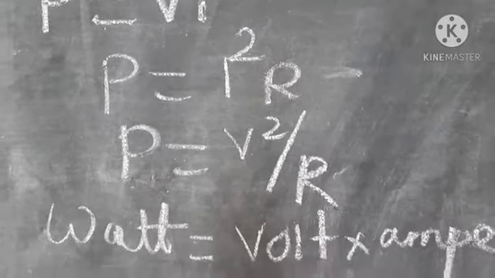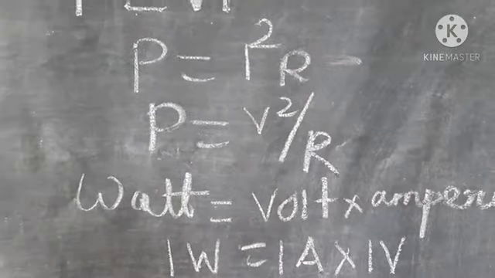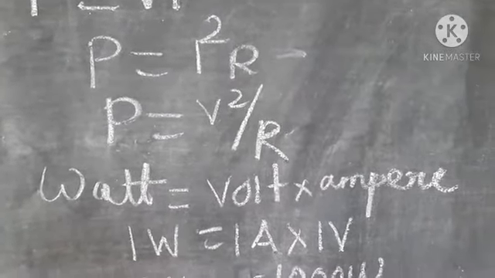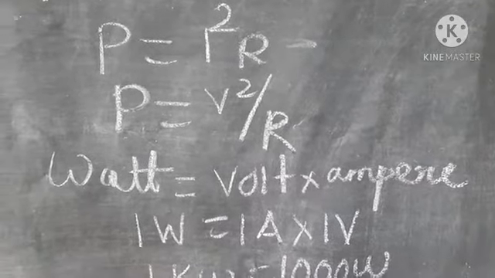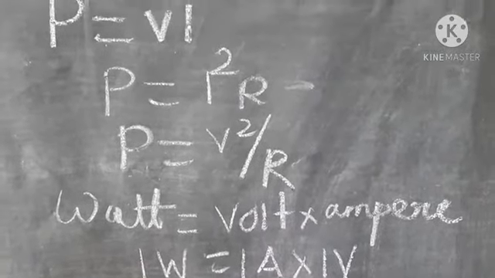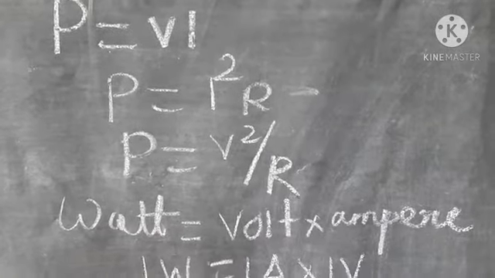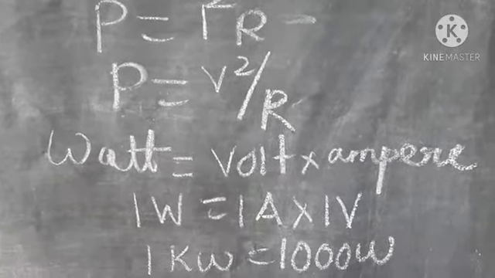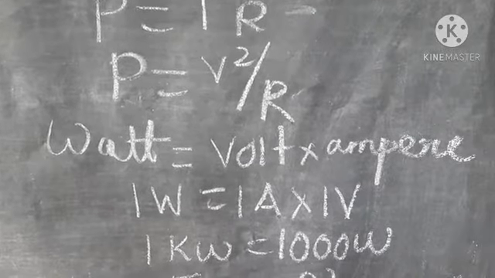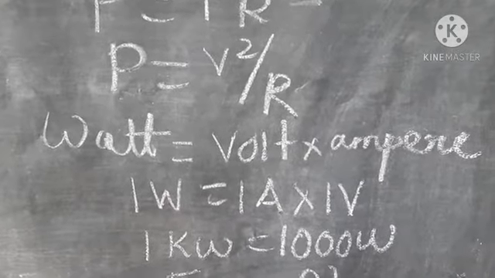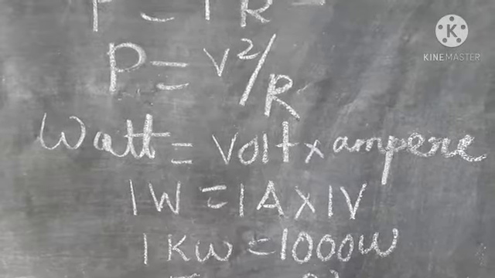Now, the unit for power is watt. The unit for potential difference is volt and current is ampere. So it can be written as 1 watt is equal to 1 ampere into 1 volt.